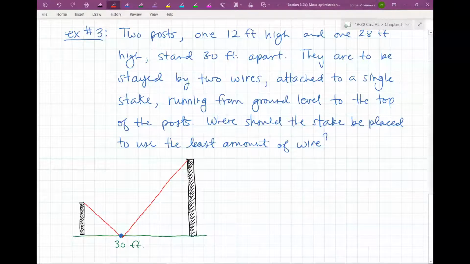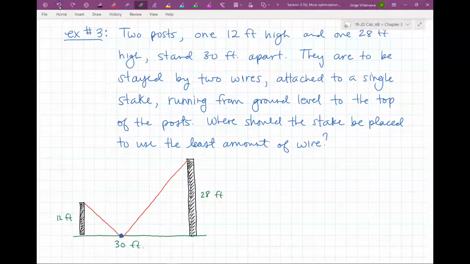Now notice, they can put the stake anywhere. They can put the stake really, really close to the 28-foot one. By the way, let me write that down. This is 28 feet. This is 12 feet. But they could put the stake like right here and then just go straight up like that.